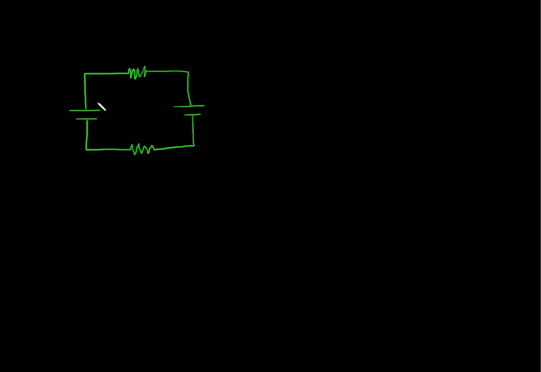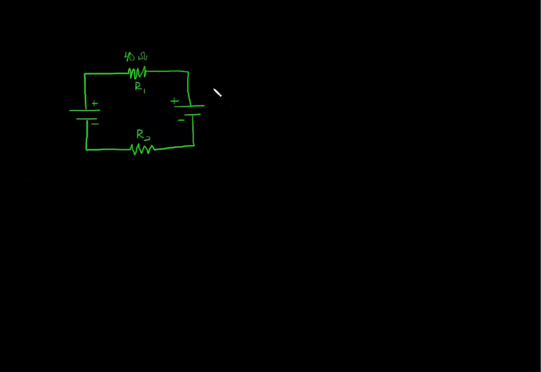All right, so let's label everything. This is long, so that's positive. This is negative. We'll call this R1, call this R2. That's positive, that's negative. All right, let's put some values on.